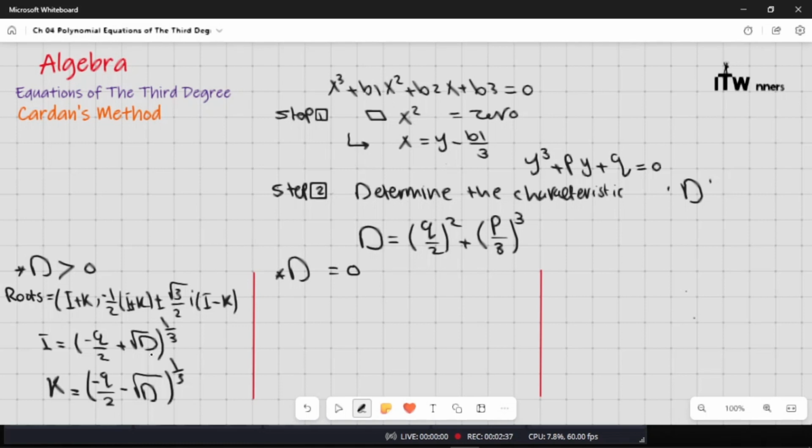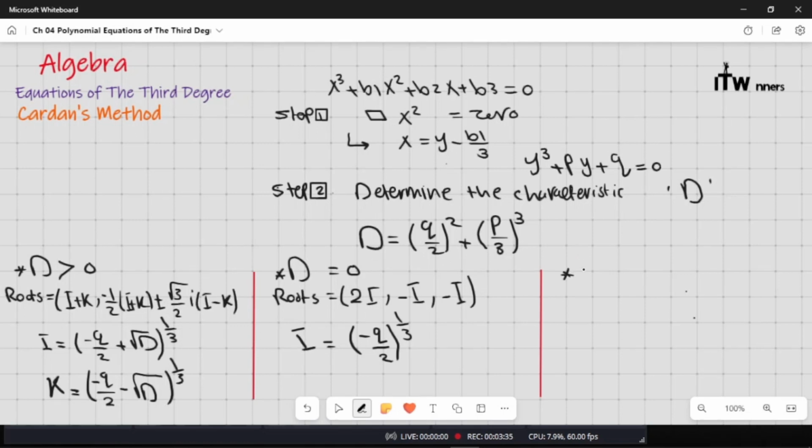If we put d equal to 0, I equals k, so the roots are: the first one is 2I, and since I minus k equals 0, the second one is negative I, and the third one is also negative I. And when the square root of d equals 0, I equals the cube root of negative half of q.